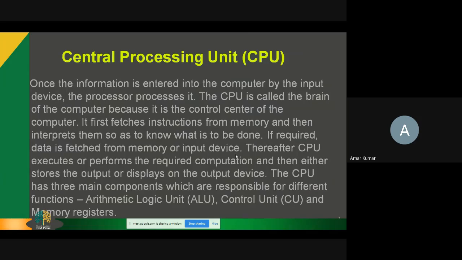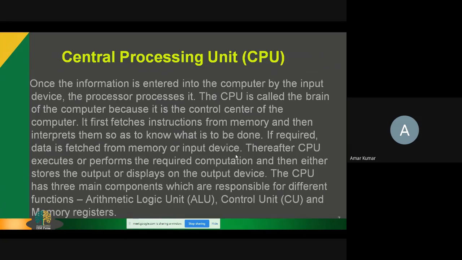Now the next is CPU, which is the most important part of the computer system. Once the information is entered into the computer by the input device, the processor processes it. The CPU is called the brain of the computer because it is the control center of the computer.